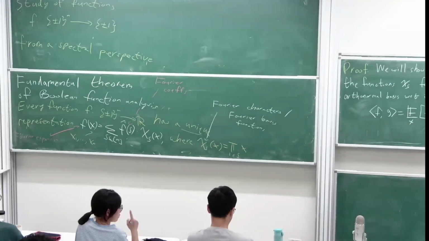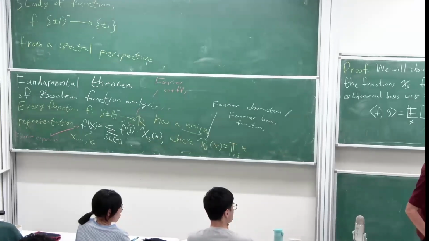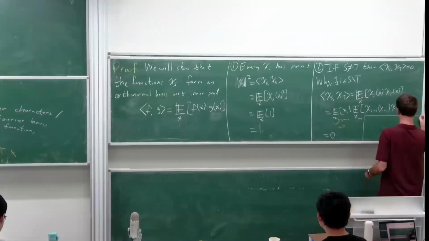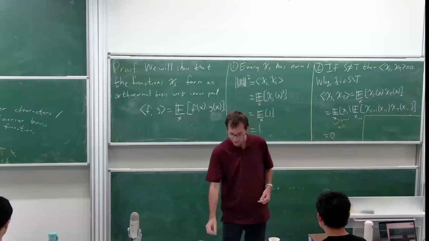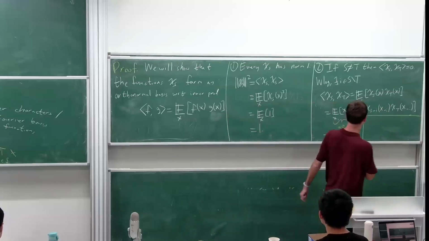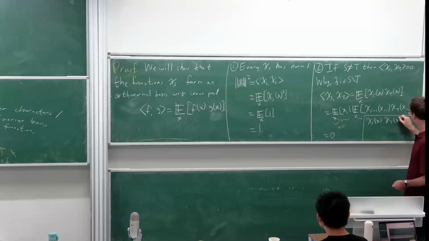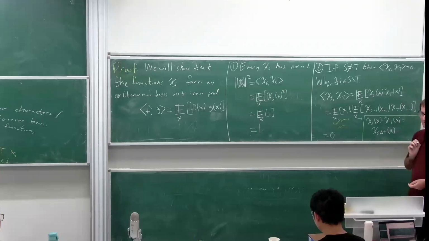Maybe a different proof, which is what I was intending to show, a different idea but very similar. χ_S(x) times χ_T(x) is χ_{S symmetric difference T}(x).